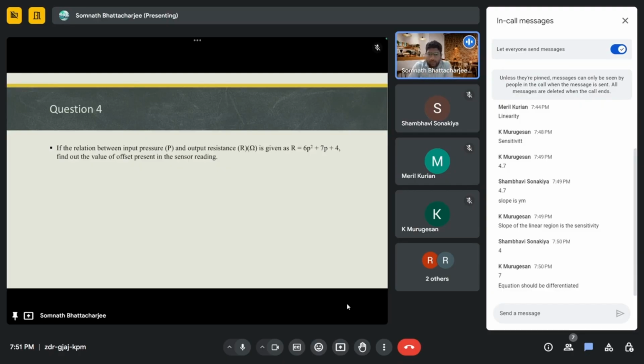Let's take about 1 minute maybe. Other than these two, any idea how to get the values?